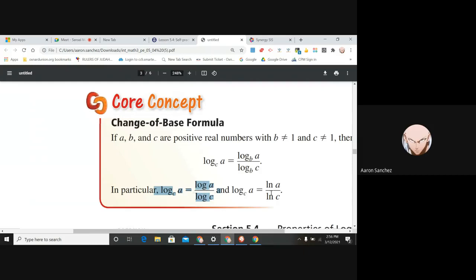You can also do it with the natural log, because it has the same base of e. You can do it with the natural log or the log. Either one will work.